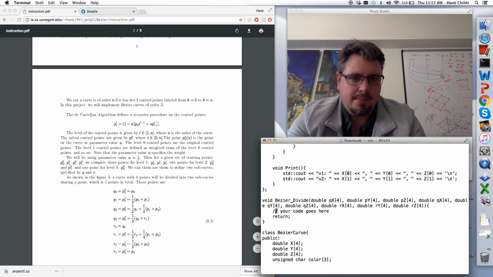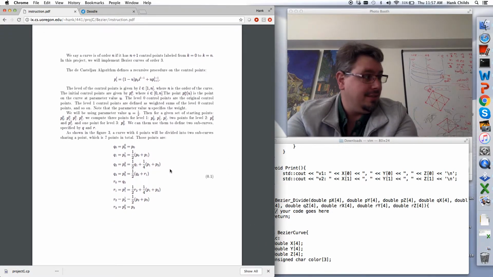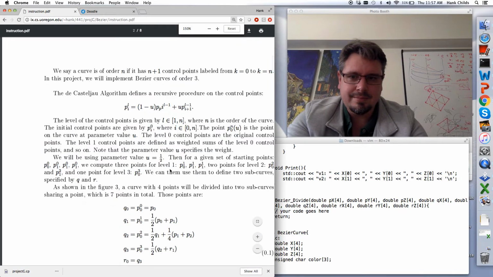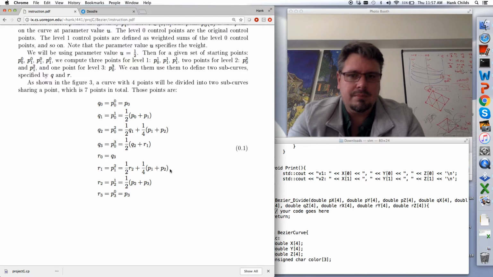And you are going to follow the algorithm that I listed in the instruction to split them. Is this it? Yes, okay. That's it. And I use exactly the same Q and R, so that you don't get confused. And you just do the computation and assign those values to the Q and R's. Good. That's Bezier divide.